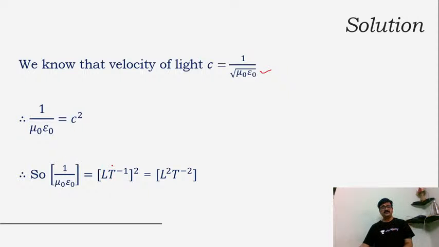LT raised to minus 1, right? So dimension of C is LT raised to minus 1, its whole square. That's what I am writing. So accordingly, it will be L square T raised to minus 2.